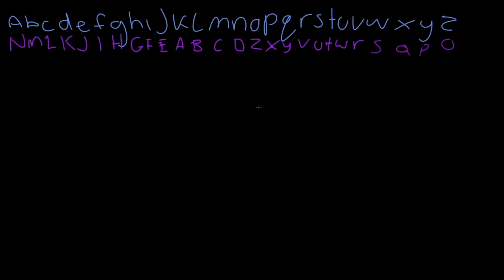Now, let's talk about the monoalphabetic cipher. So for the monoalphabetic cipher, let's say you're given the normal alphabet, your key is the cipher alphabet, which is what you see below in purple. So for example, if the first letter in your plaintext was an H, the next letter in your ciphertext would be a G. So let's encrypt the word YouTube again.